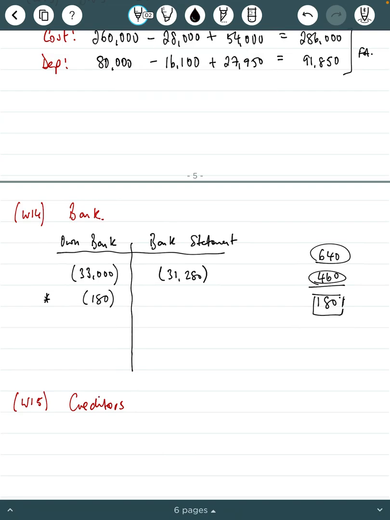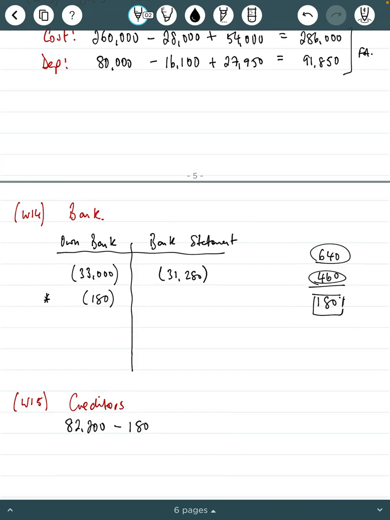And the creditors figure from the trial balance there, 82,200. So we can subtract an additional 180 from that, because we paid 640, but we only reduced our creditors by 460, so we reduced them by an additional 180. So that's that corrected.